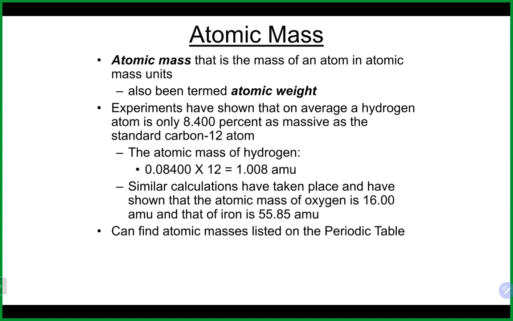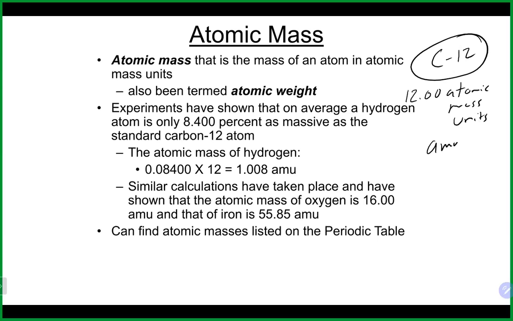For the atomic mass, they used the carbon-12 isotope as the standard isotope to compare the atomic masses of all the other elements. Carbon-12 has a mass of exactly 12 atomic mass units, sometimes abbreviated AMU.